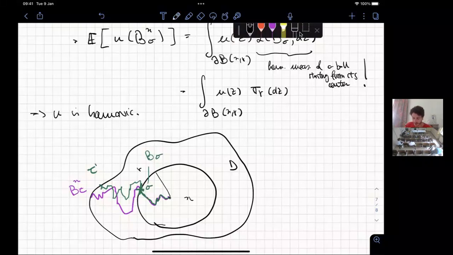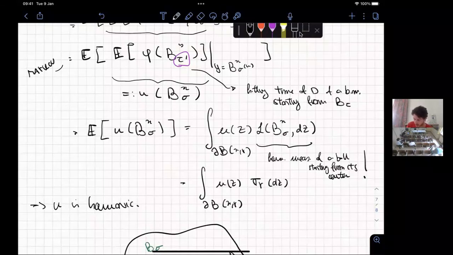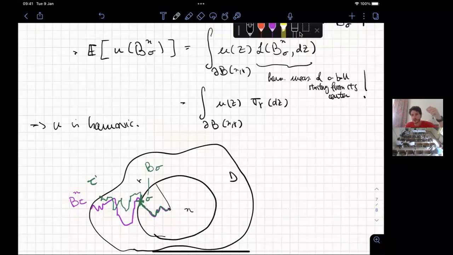This is basically the idea, and thanks to the Markov property, things become cool. So this is the hitting time of a Brownian motion starting from b_sigma. So we are basically iterating a sort of flow property, in the sense that you just start from an intermediate point and you get the same result.